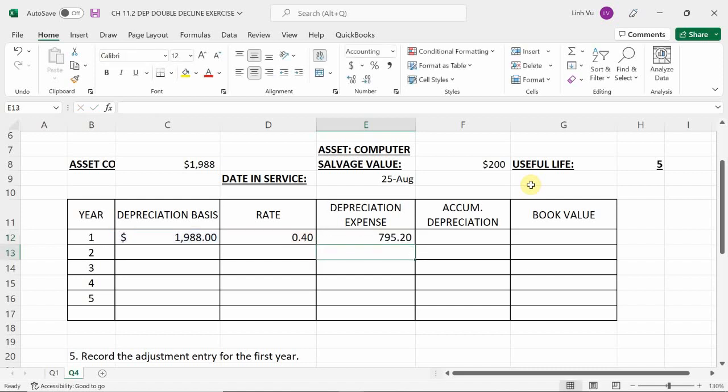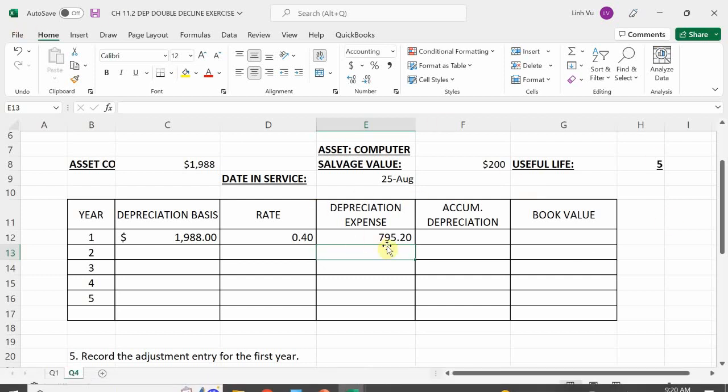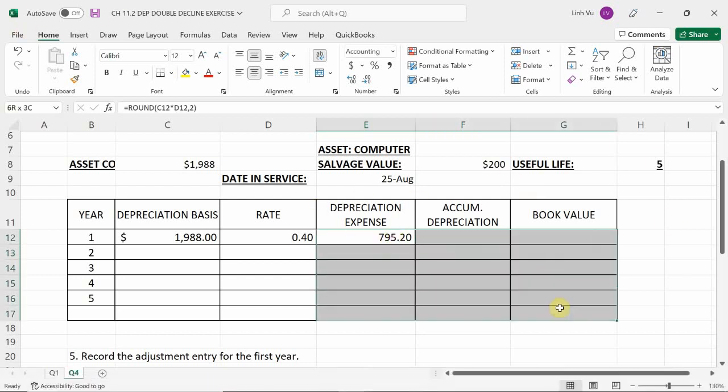$795.20. Now, is that true? Can I depreciate my asset for $795.20? No, because that's for the whole year. Is my asset 1 year old right now? No. How old is it? It's 4 months old.